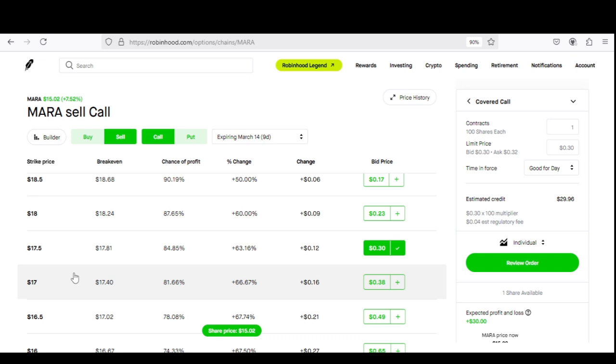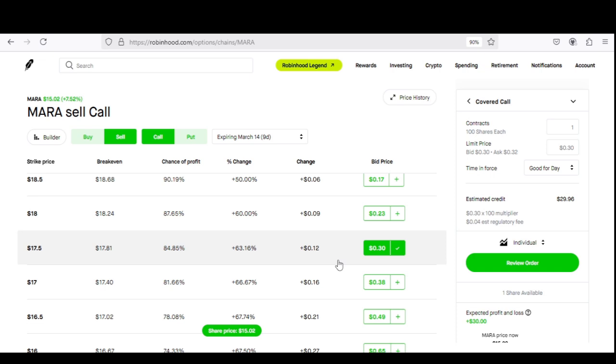Whether you're assigned 100 shares or you need to go out and buy 100 shares straight up, you will need 100 shares or more. So you're going to get to keep your 100 shares. You're going to get to keep your premium. And now you get to do this trade again and again until you're assigned once again. This option strategy, the covered call option strategy, is another win-win option strategy.